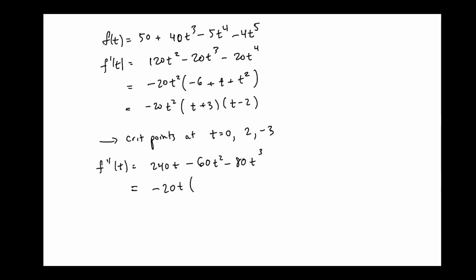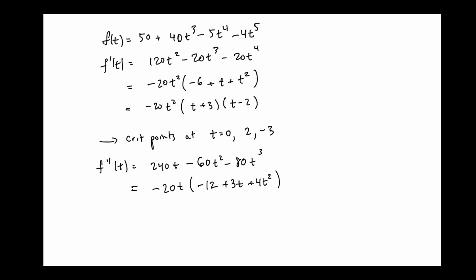That would leave a 1, that would leave a negative 12, a plus 3t, and a plus 4t squared. Well, I can't pull out anything else, because 3 is prime, and 4 is definitely not. Okay, so, good?